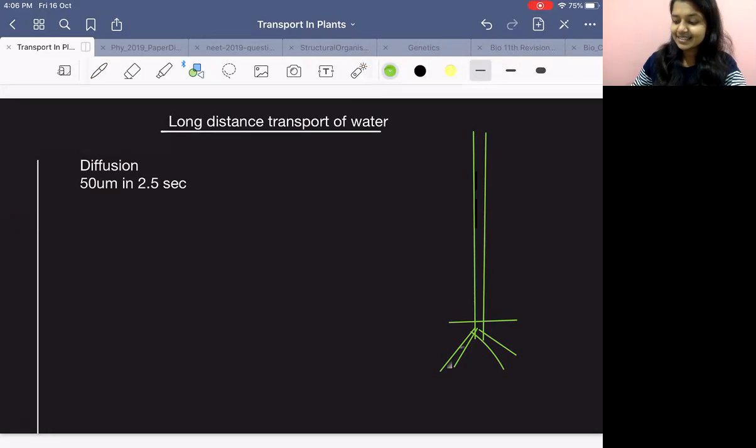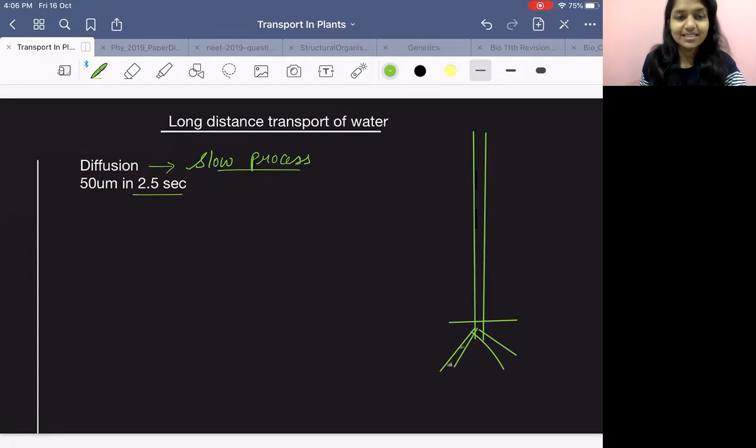Is it diffusion by which you can take the water for a longer distance? No, because it is a very slow process. You cannot carry the water for a longer distance by diffusion.